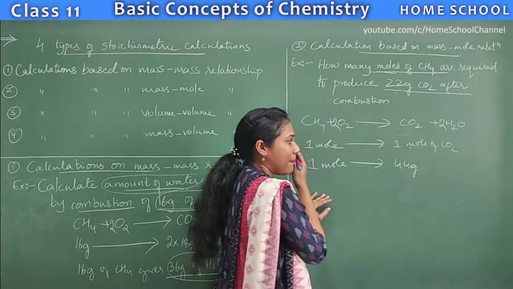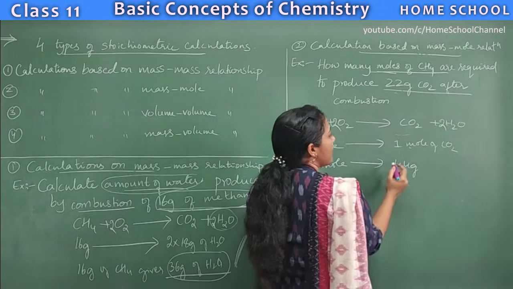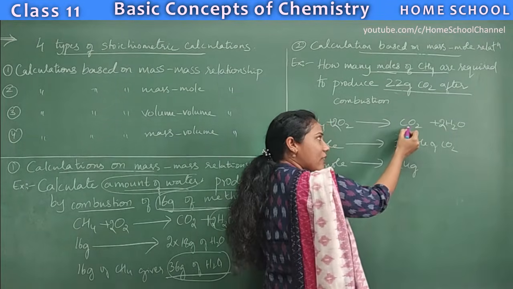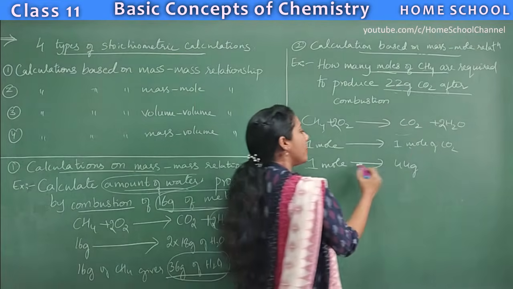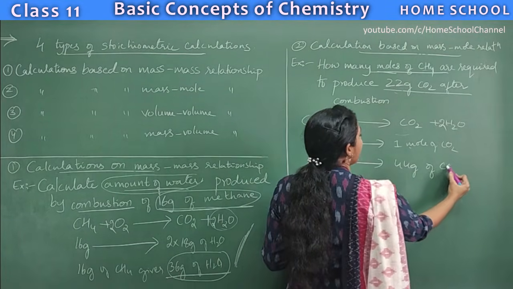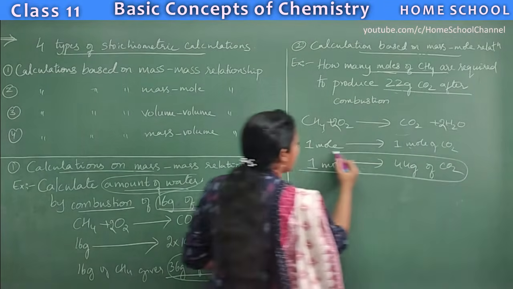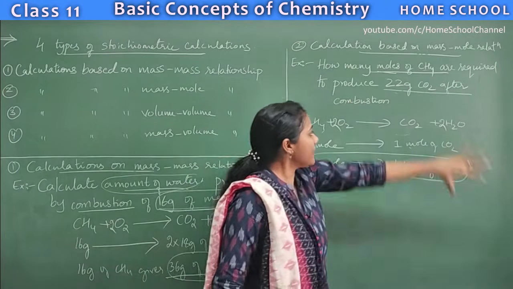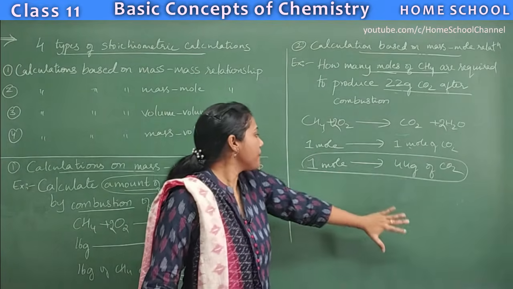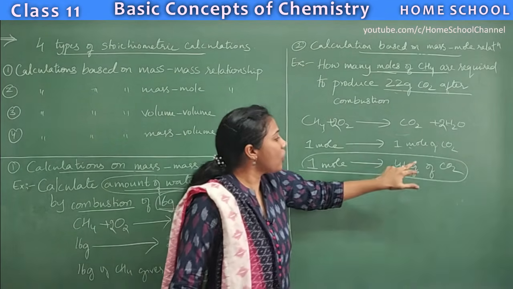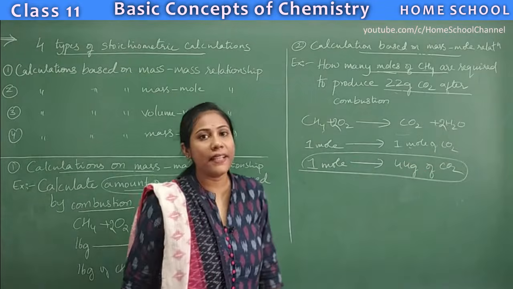When you write in terms of mass, 1 mole is equal to its molecular mass. So I can write 44 grams of carbon dioxide. So from a balanced chemical equation we got to know this: 1 mole of methane is always giving 44 grams of carbon dioxide.